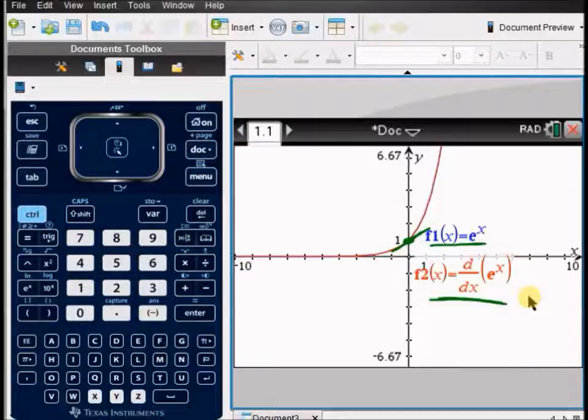If we look at the point (1, e), so 2.7, so roughly here. Okay. If we take a look at that, the slope of that tangent would be e. And down here, the slope is 1. Okay, and so on. So this is a very important concept to understand.